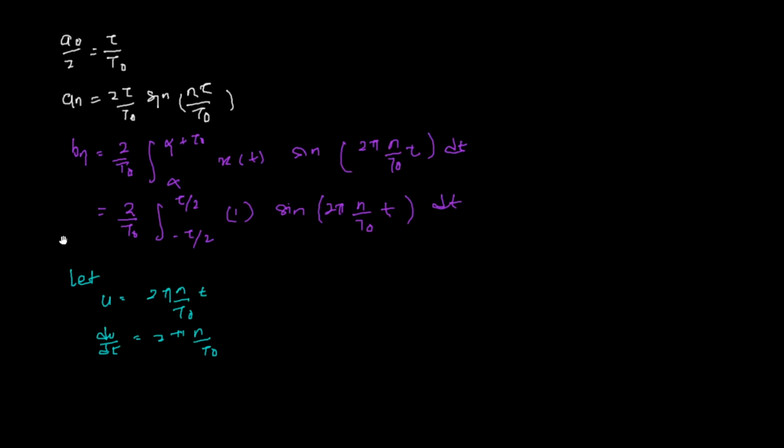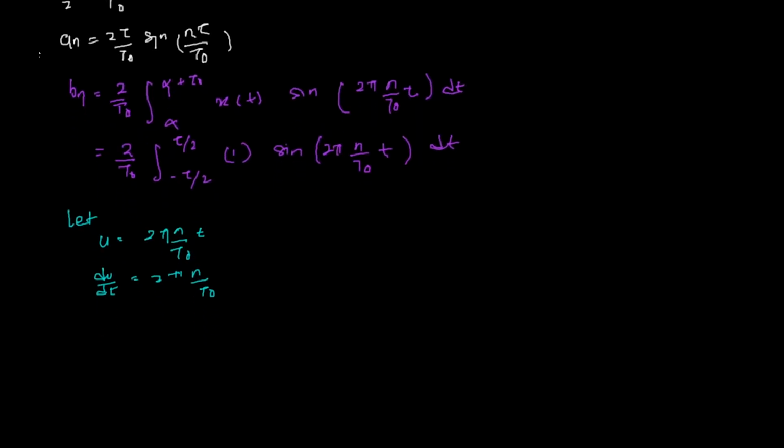This is a similar step to what we have done in the previous video. So our dt is now equivalent to, you bring this over, t0 over 2 pi n, times du. This is what you got, and you have to substitute it inside this equation.